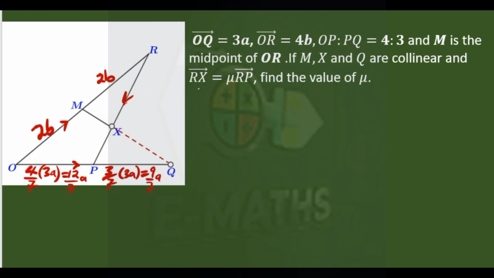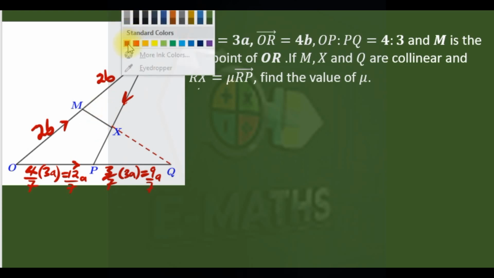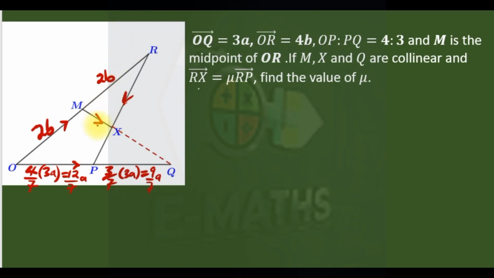So with this you can see that vector MQ is equal to vector OQ minus vector OM. As you can see from the diagram, MQ is OQ minus OM.